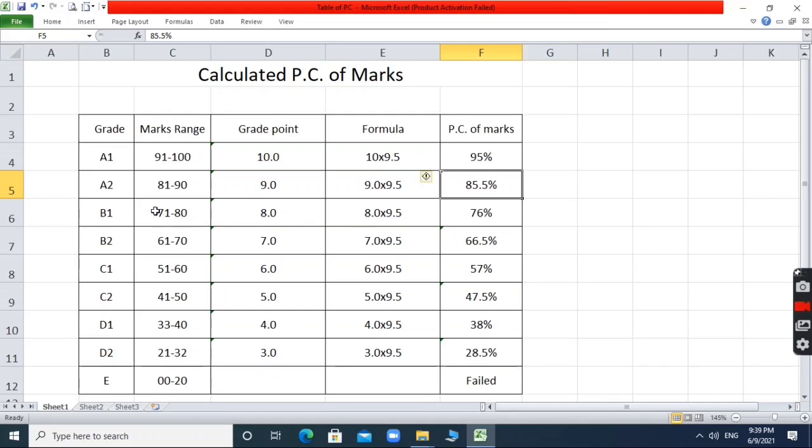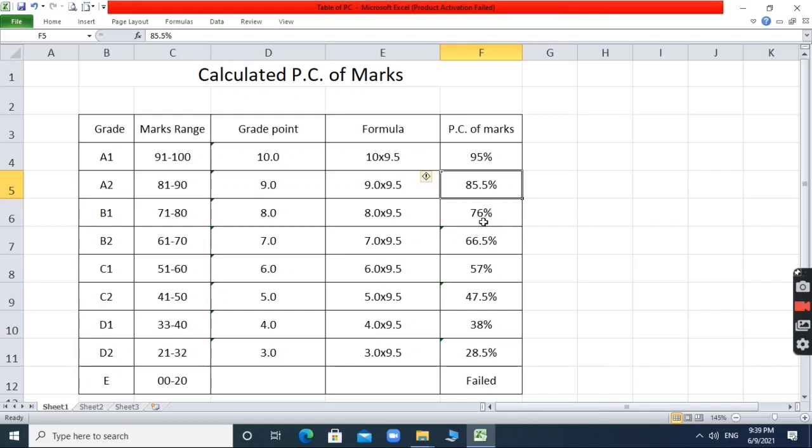So again, in the B1 grade, you see 71 to 80. If we calculate in the same way as for the A1 grade, it should be 75%, but here it stands at 76%.